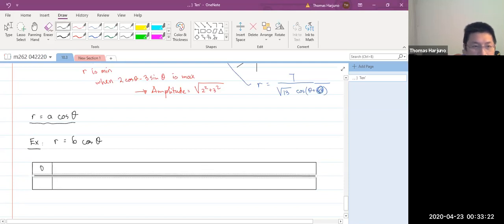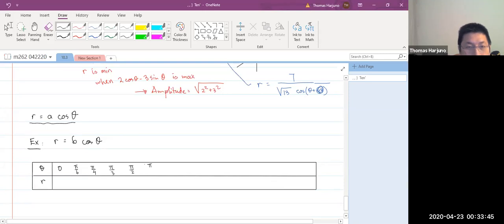So when theta equals 0, what's the r? When theta equals pi over 6, pi over 4, pi over 3, pi over 2, and so on and so forth. Okay, just the special angles. You don't need to be too precise.